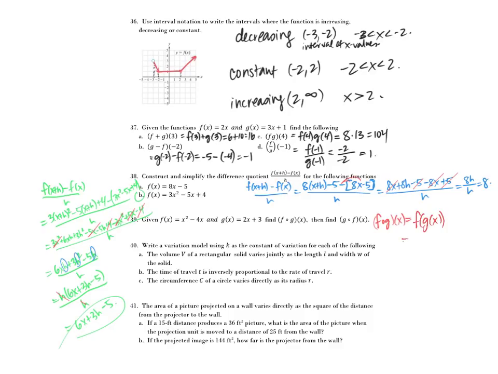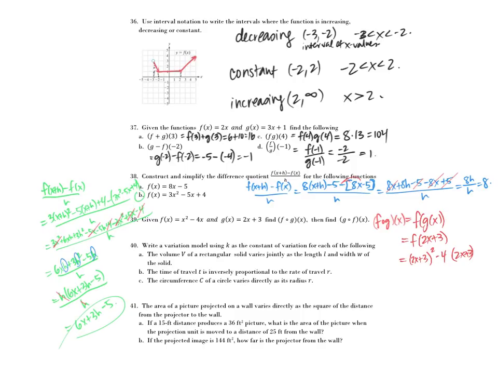And remember, g of x is 2x plus 3. So I want to plug in 2x plus 3 for x in the function f. So it'll be 2x plus 3 squared minus 4 times 2x plus 3. Okay, so that's f composed with g.